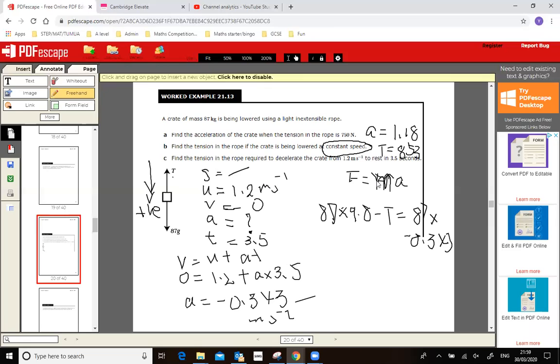Okay, so hopefully you can read this number here. In case it's not very clear, it is negative 0.34 minus 3.